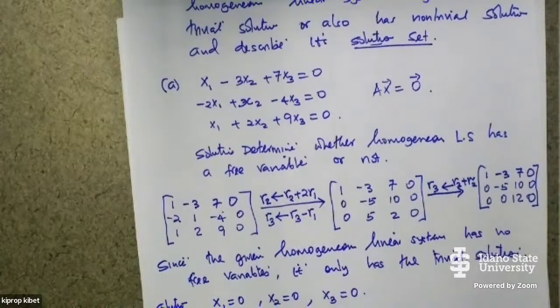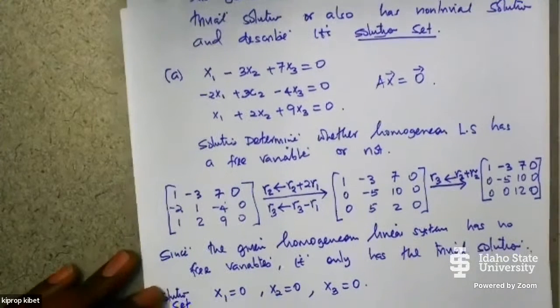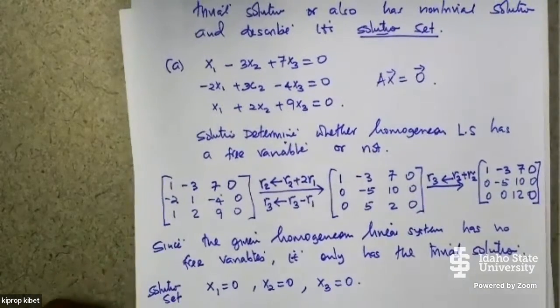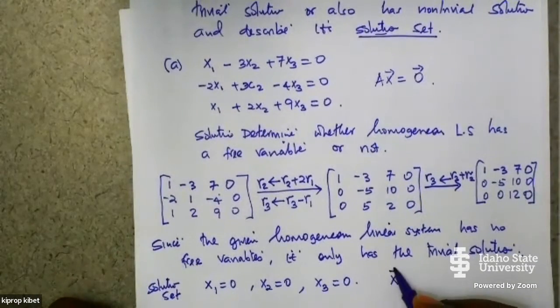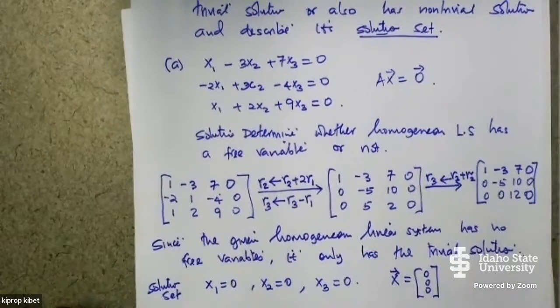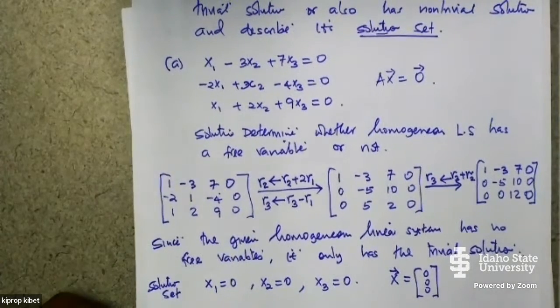So the solution set is 0, 0, 0. It is trivial, it's giving us a trivial solution.